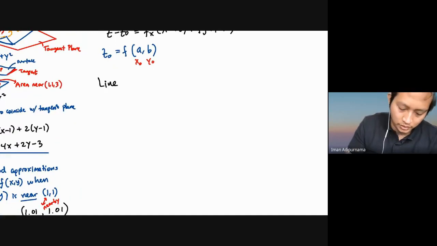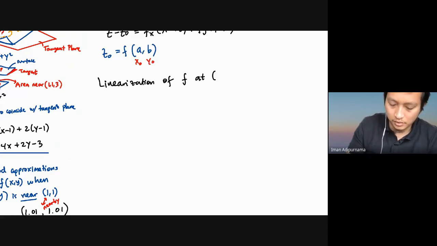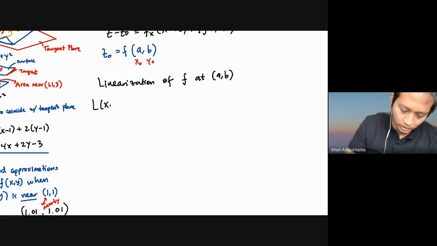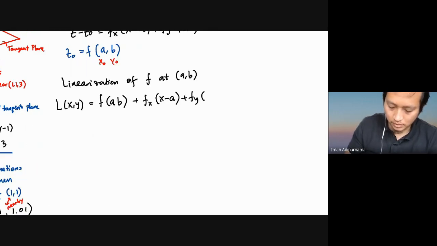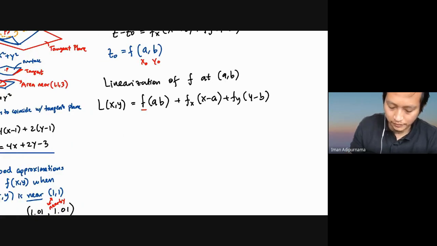So if we are looking for the linearization of the surface at point (a, b), we can write L is equal to f(a, b) plus the partial terms. I hope you don't get confused by this f(a, b).